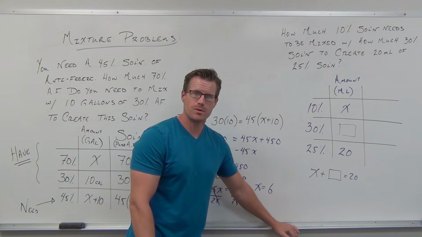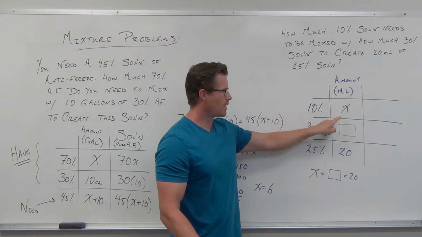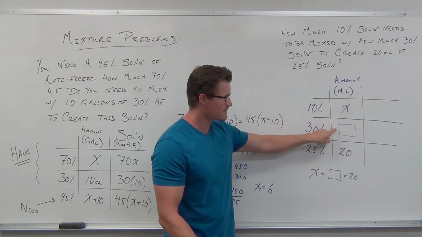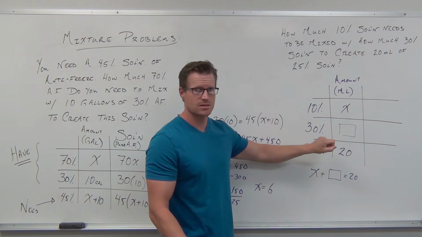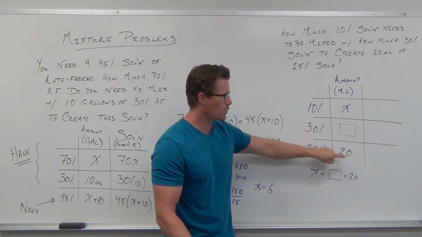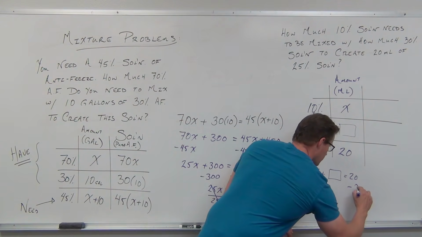Can you solve for the blank space? Logically, I hope it makes sense that if this plus this equals this, then this equals 20 minus x. If these two have to add to this, then this has to be total minus the part that's added to it. And you can show your work actually.